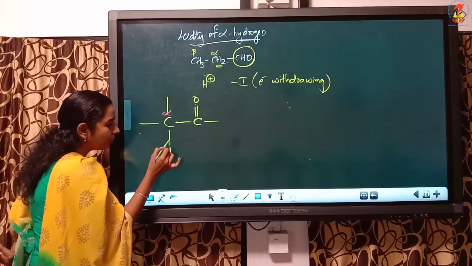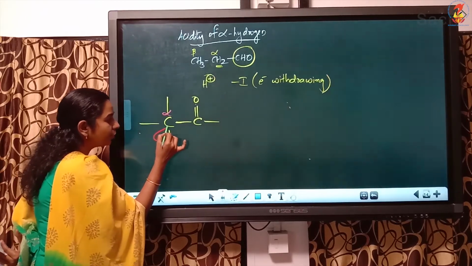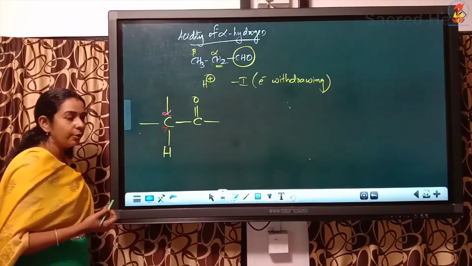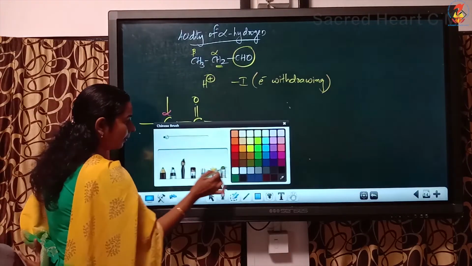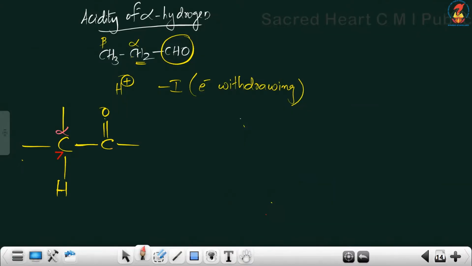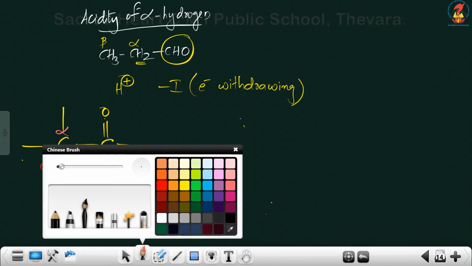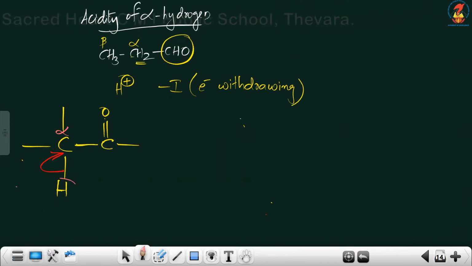So, this bond pair will be shifted to this carbon. The arrow is very important. The carbon hydrogen bond pair will be shifted to this carbon, so that hydrogen can be released as what? H plus.